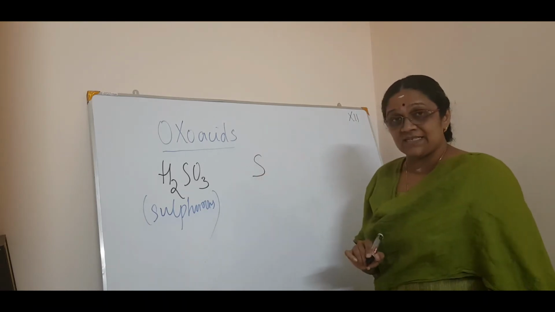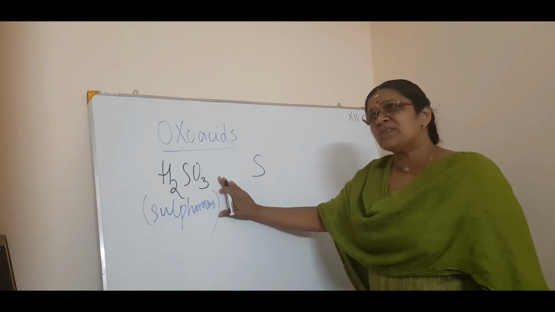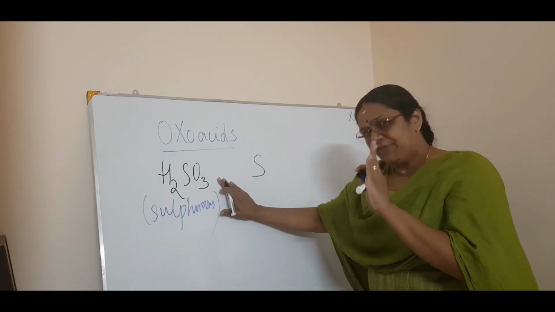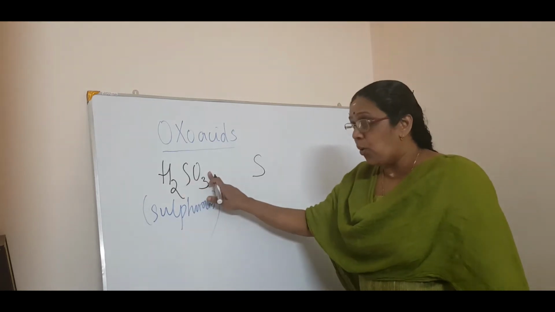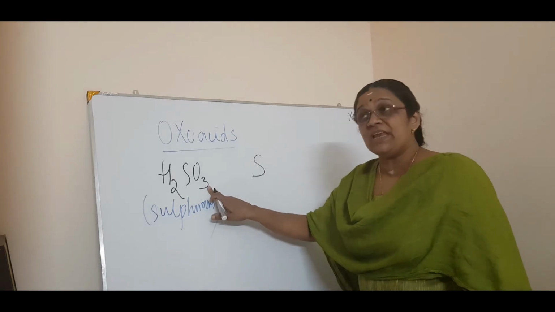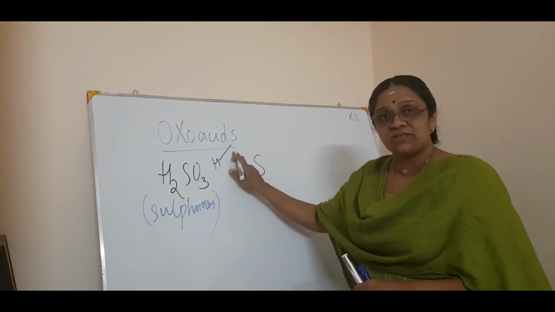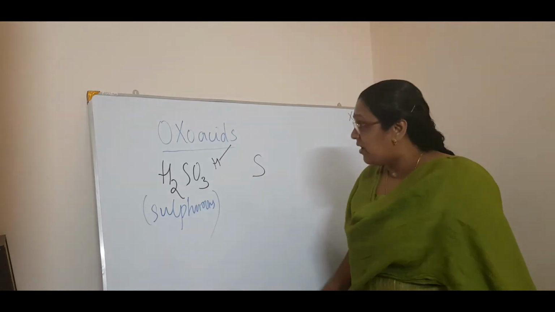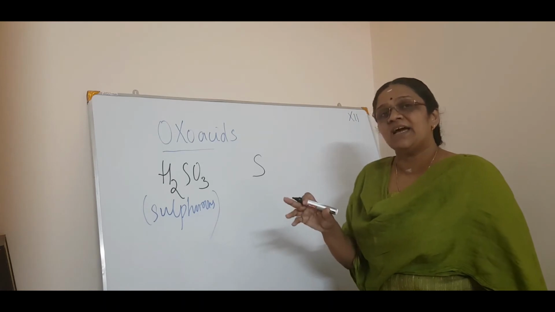S is the central atom. Now, always remember, in 90 to 95% of cases, if there is an H and O, this H will be attached to O. In very rare cases like in phosphorus, we can have a direct P-H bond. Otherwise, almost all of these will have an OH bond rather than an H bond.